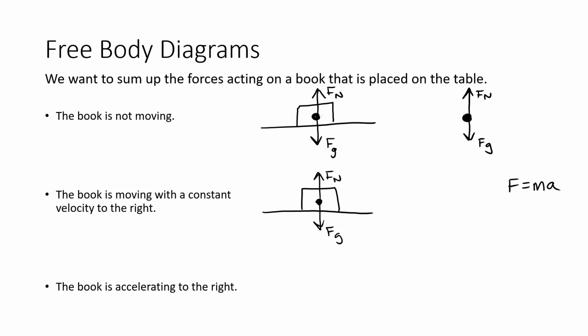So you imagine something's constantly pushing it to go faster and faster. So our free body diagram will look like this. We have to always include those other two forces. It's still sitting on a table. The table is still pushing up on it.